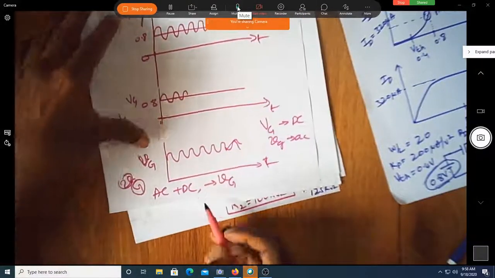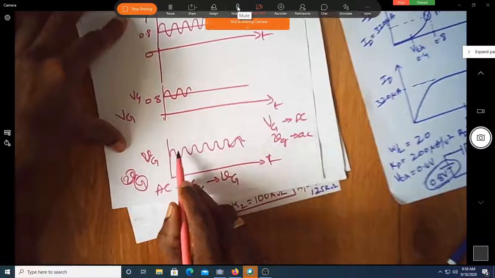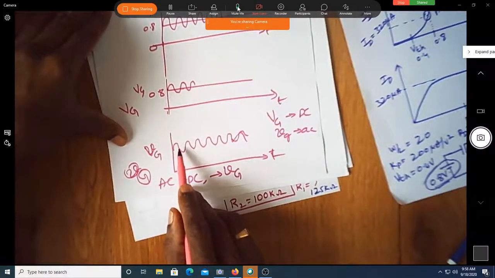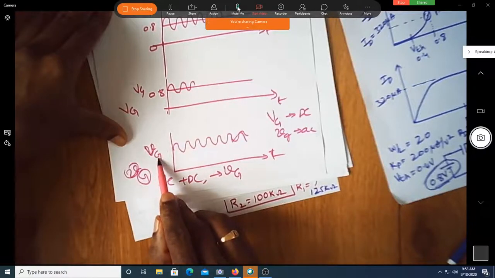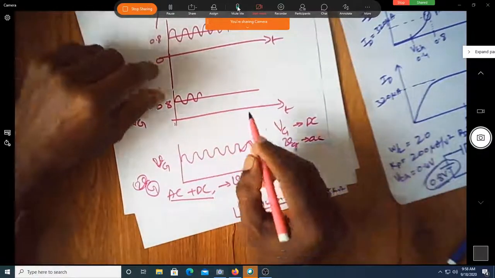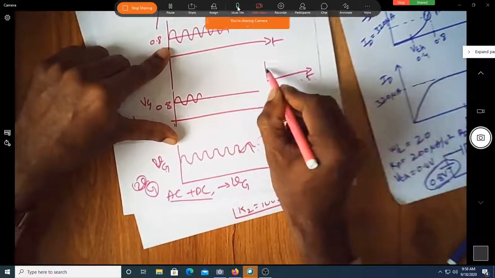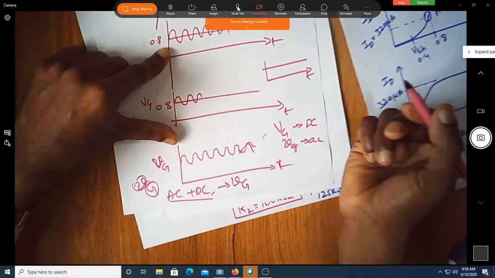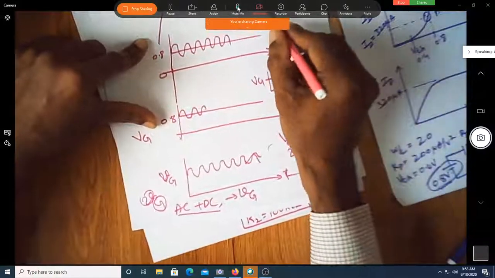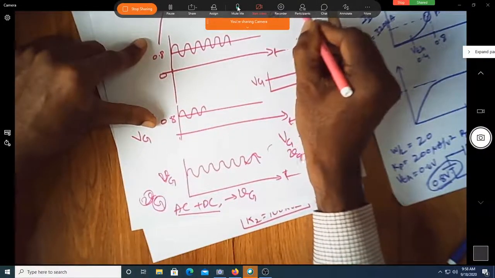Please understand all this. Now, is this AC plus DC? Shall I say small v, capital G? Small v, capital G, AC plus DC. How about only this? It is capital VG, only DC. How about this?